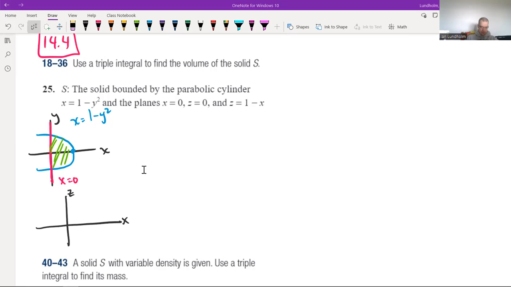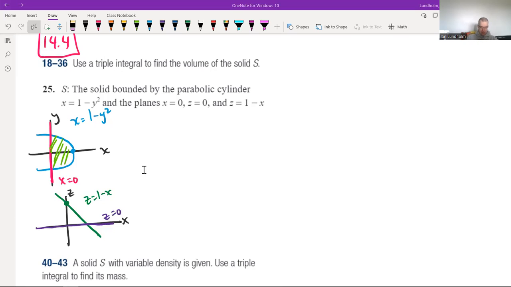If z is equal to 1 minus x, we would have 1 up here, with a slope of negative 1, and z equals 0 would be the bottom part here, the x-axis.